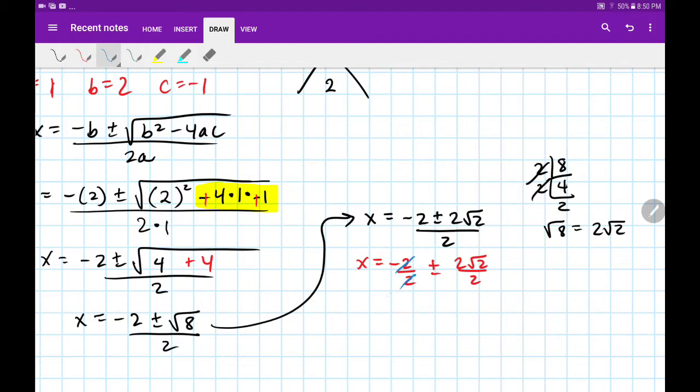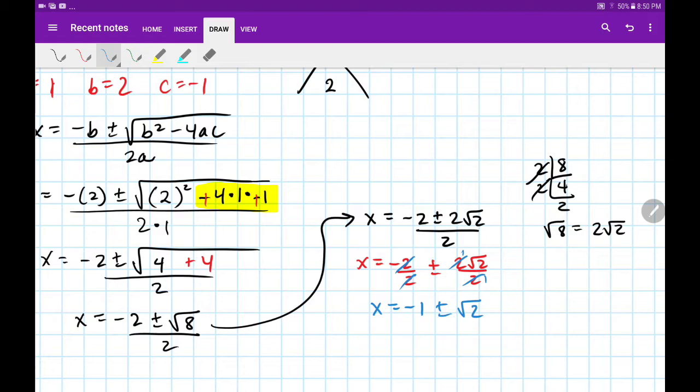Now that I have it in 2 different pieces, I can simplify. This negative 2 over 2 becomes a negative 1 plus or minus, and these guys cancel out to just leave me with 1 over 1, which is square root 2. Now I'm going to use a calculator to see what square root 2 actually is.